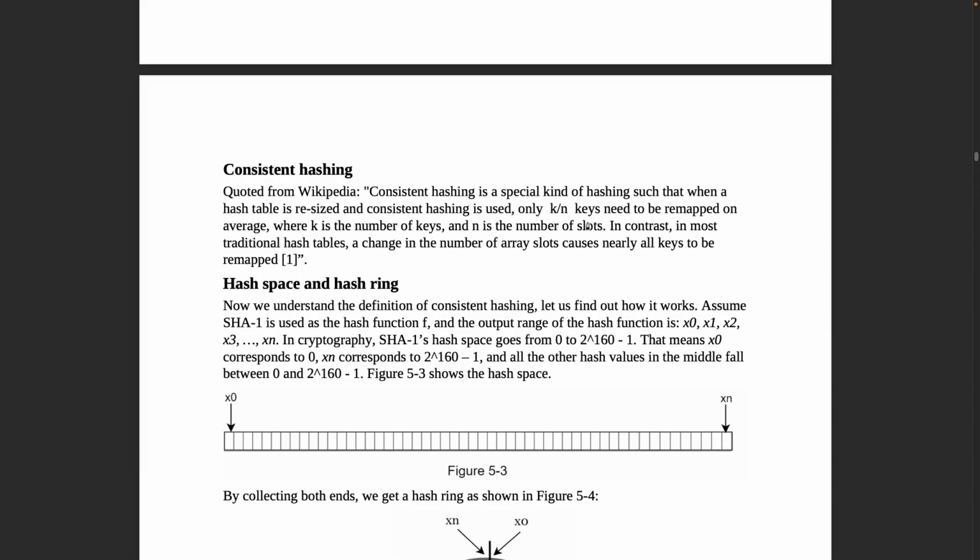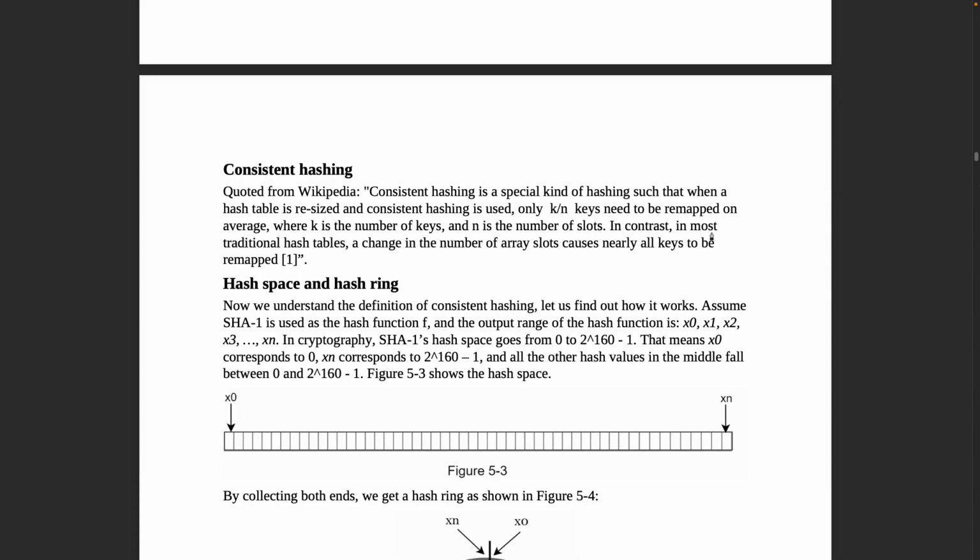So let's calculate that. When the hash table is resized, we resize it down, with k the number of keys and n the number of slots, only that fraction needs to be remapped. So it basically means all of them except the ones that are missed, as far as I understand.